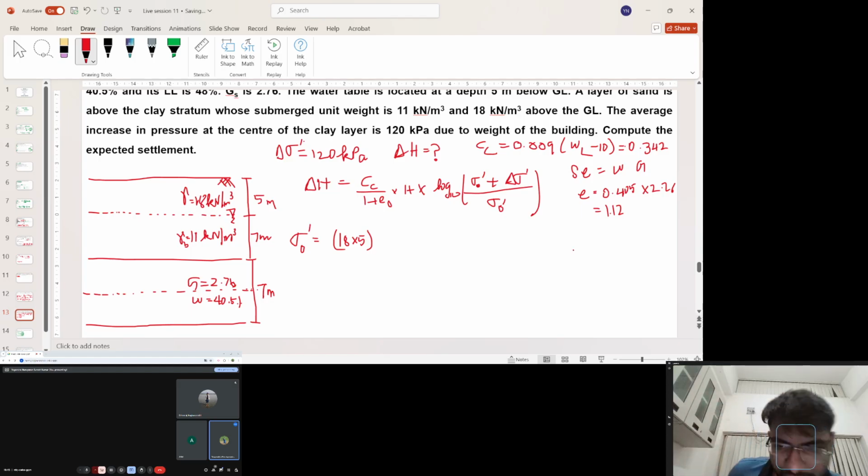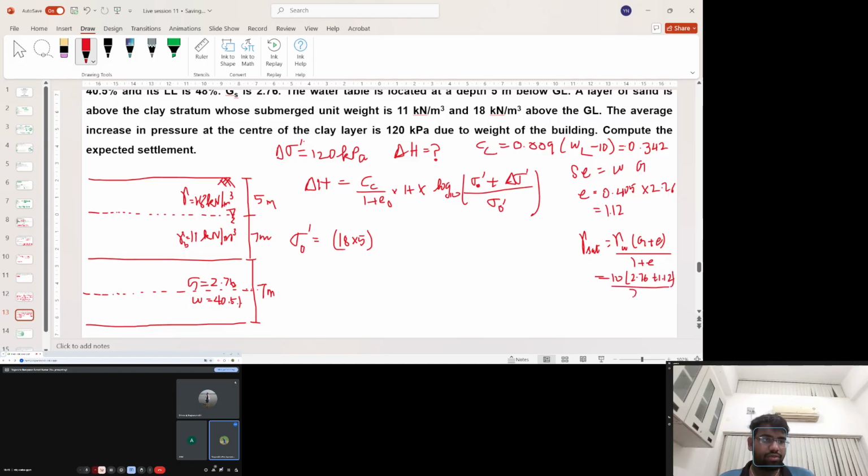you can separate gamma W from it, right? So gamma sat will be gamma W into G plus E divided by 1 plus E, right? 10 into 2.76 plus 1.12 divided by 2.12.